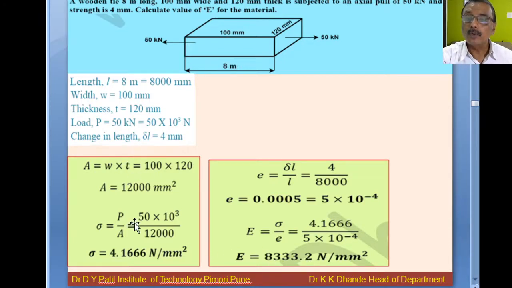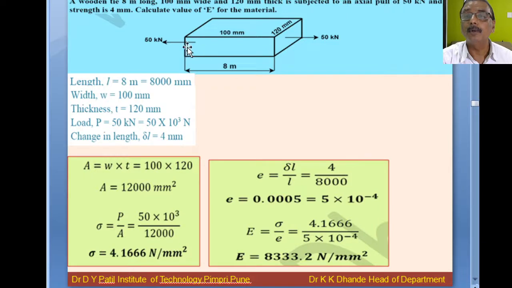Now here we have solved that numerical step by step. Instead of that, you may solve this numerical in one step also. Here we know the equation, the previous equation we have seen: delta L is equal to PL upon AE.